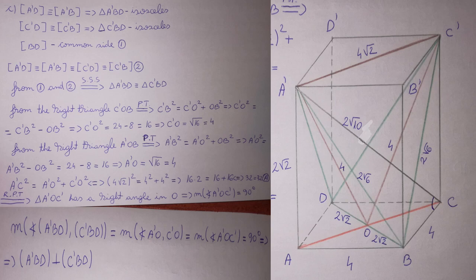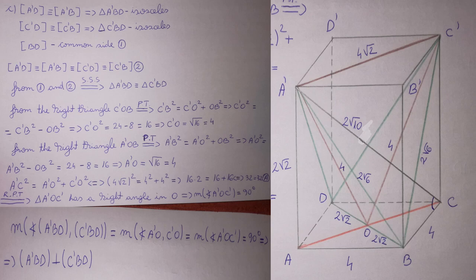A'C' squared is equal to A'O squared plus C'O squared. This is equivalent to 4 square root of 2 everything squared is equal to 4 squared plus 4 squared. So 16 times 2 is equal to 16 plus 16.